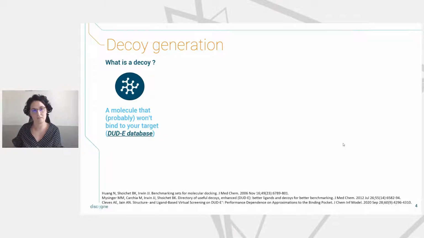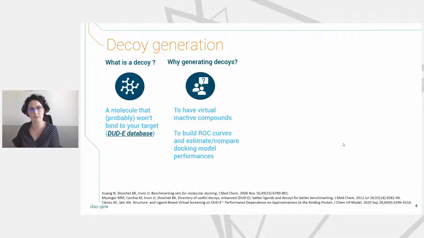In 2006, the Shoichet team published a first paper around benchmarking sets for molecular docking. Then they did a release in 2012, now called the DUD-E database. This database contains a limited number of targets, around 100, from kinase to nuclear receptor families, but not only.